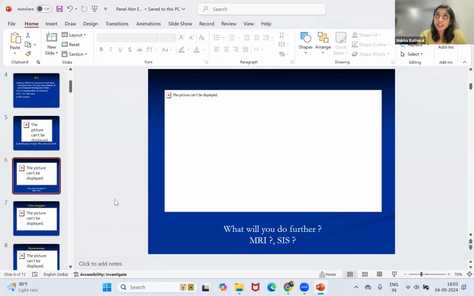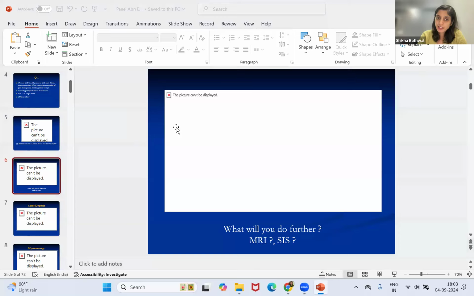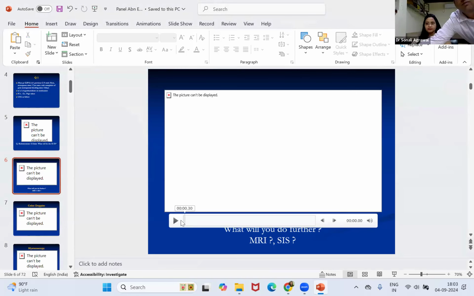Yeah, since this is a case of postmenopausal bleeding, along with thickened endometrium, I would like to go directly for a hysteroscopy guided biopsy. Hysteroscopy and endometrial biopsy. Okay, right.